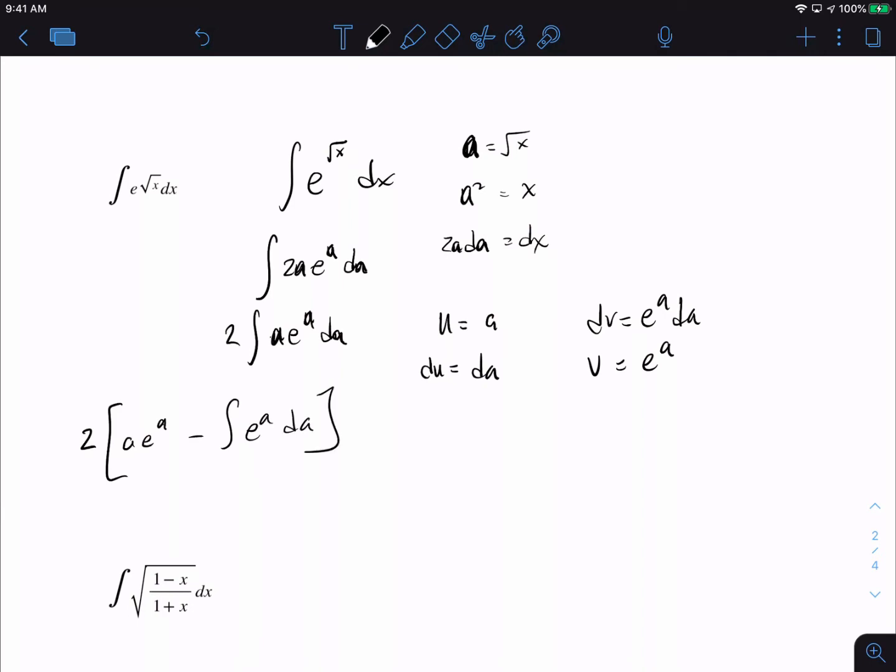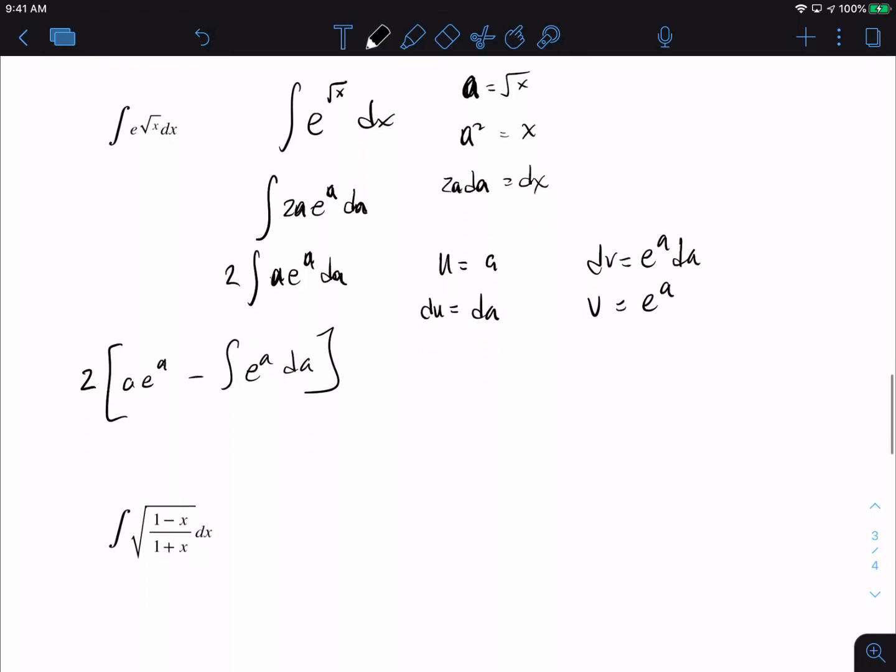Correct? Now when I do this, I'm going to get 2a e to the a minus the integral of e to the a, which is e to the a itself. Let's not forget the 2, plus some constant c. If I multiply by 2, it doesn't matter. It's still just a constant.